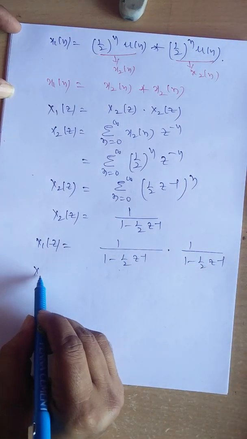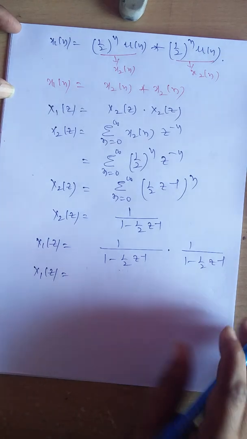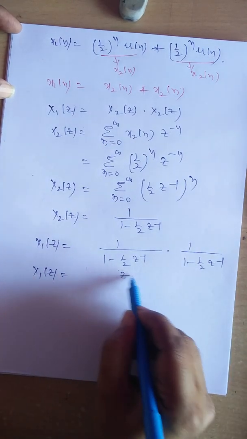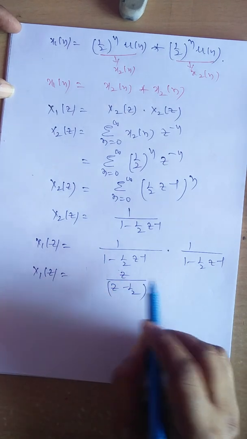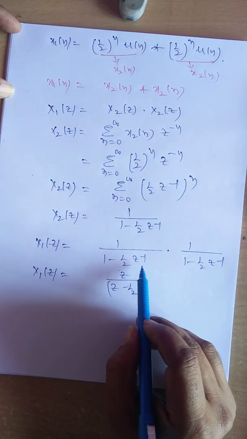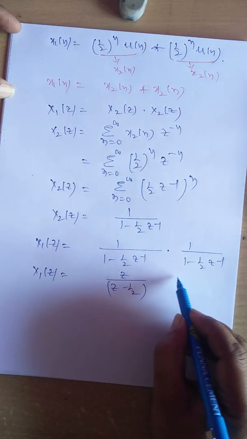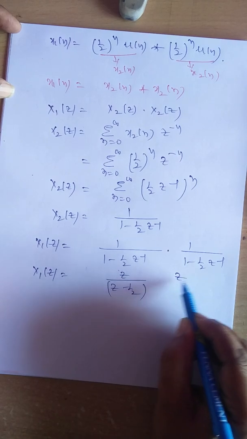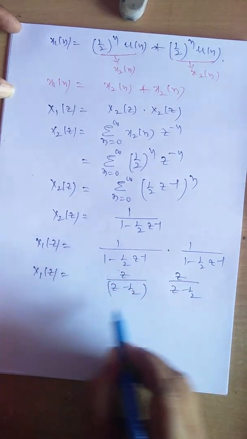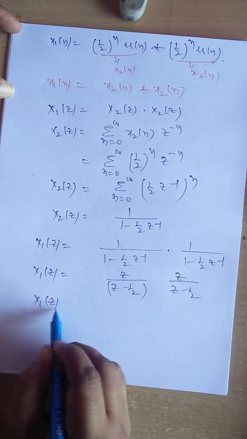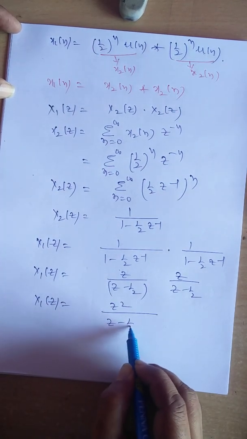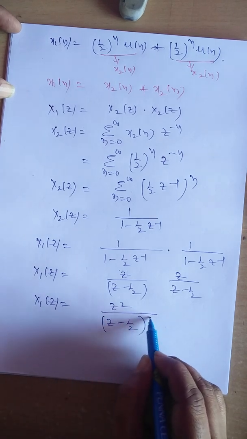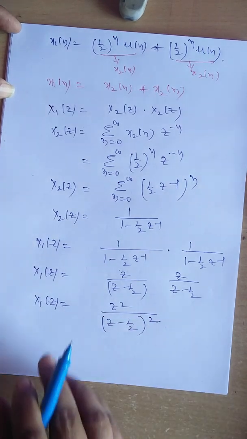We can write this as z divided by z minus 1/2, because we need to express this in terms of positive powers of z to differentiate it. So x1 of z is z squared divided by (z minus 1/2) whole squared.